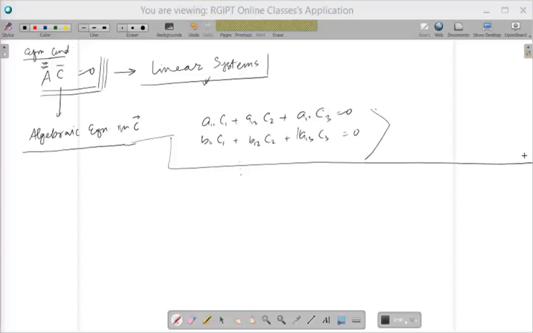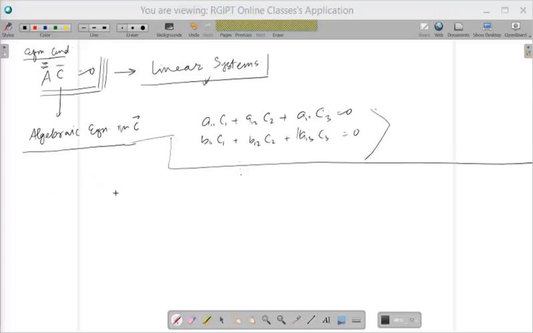Now how to solve algebraic equations? Well, let me make the steady state equilibrium condition, you can hold on to the equilibrium condition, but let's make the equations a little more complicated.